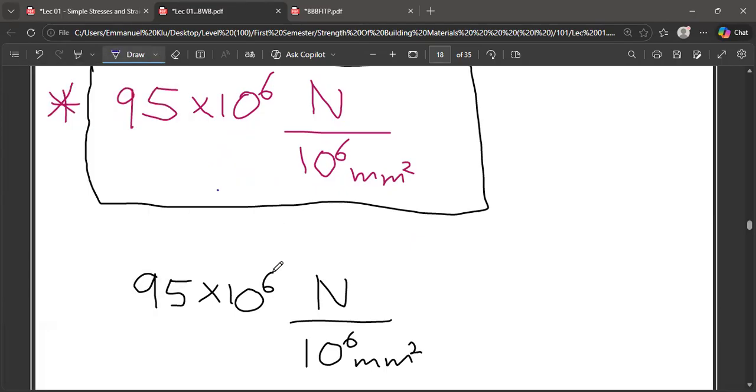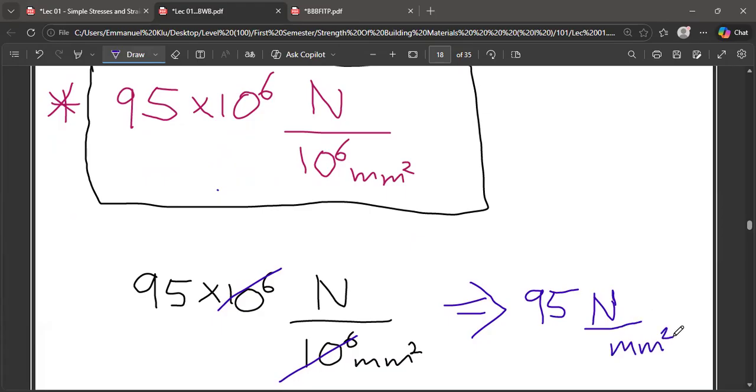Realize that this one will take care of this one. Finally, who are we left with? We are now left with 95 Newton per millimeter squared. We're now left with 95 Newton per what?